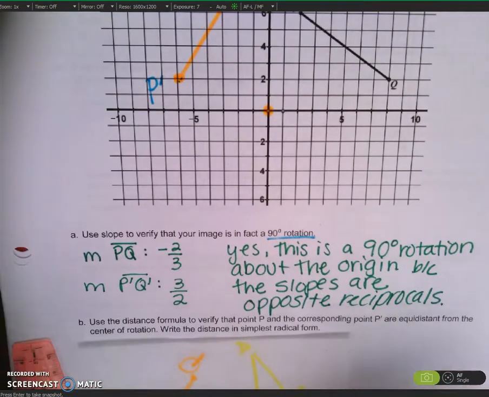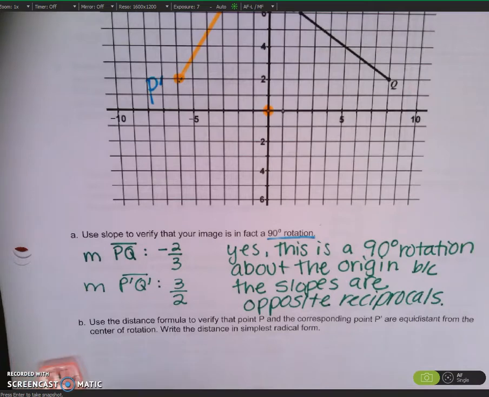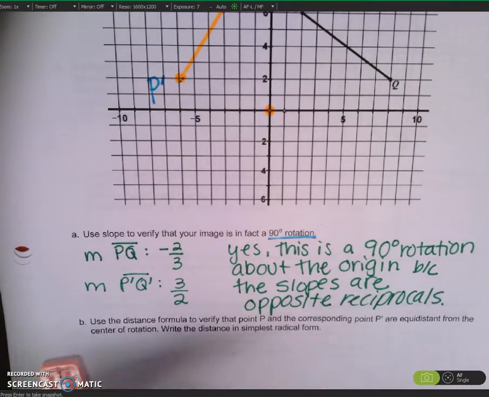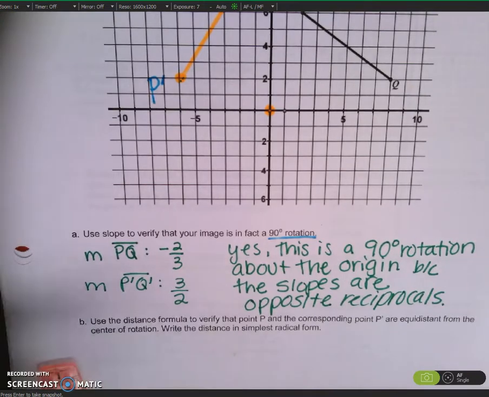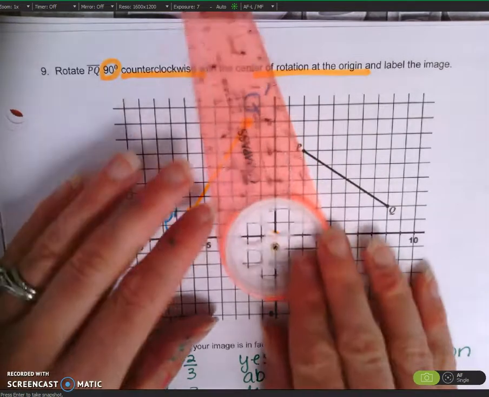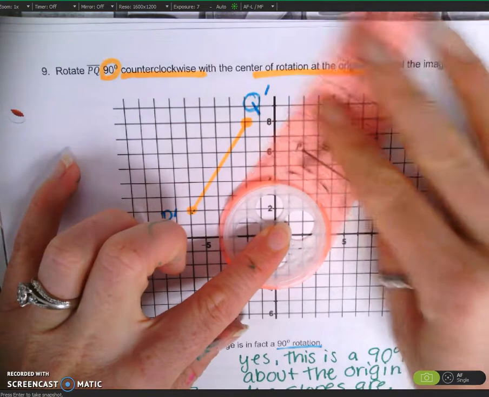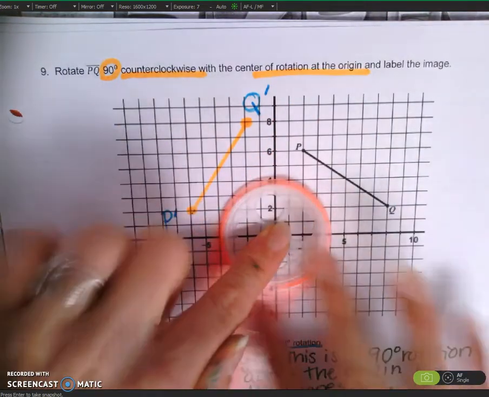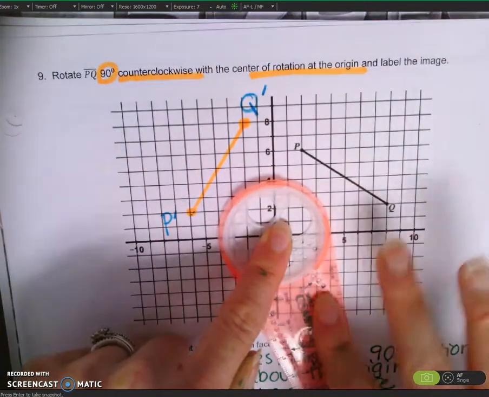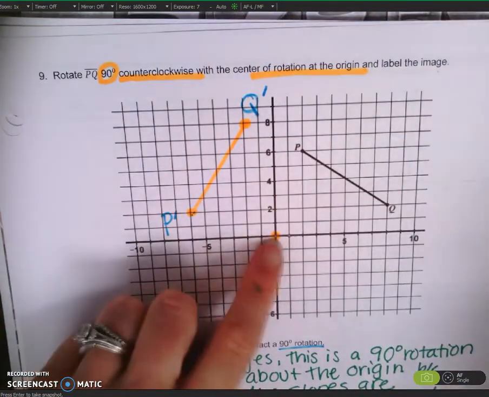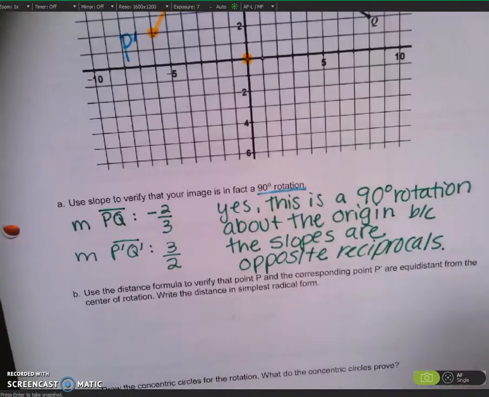Nice. Now we're going to use the distance formula to verify that point P and corresponding point P prime are equidistant from the center of rotation. Remember, when we are dealing with rotations, we should have corresponding vertices lying on the same circle, and all the circles should be concentric, sharing the center of rotation as their center.